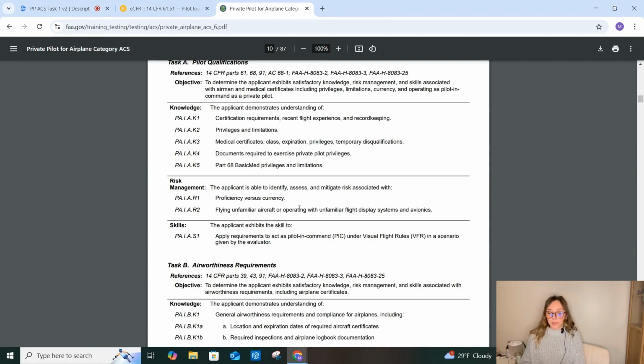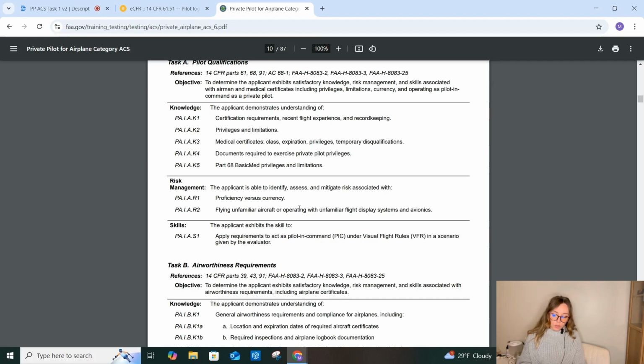There are certain privileges, so we'll talk about the privileges first. The privileges are you can fly an airplane. You can own an airplane, you can fly people around. You don't need to obviously go through the AME process and have a regular medical certificate. But there are certain limitations there.